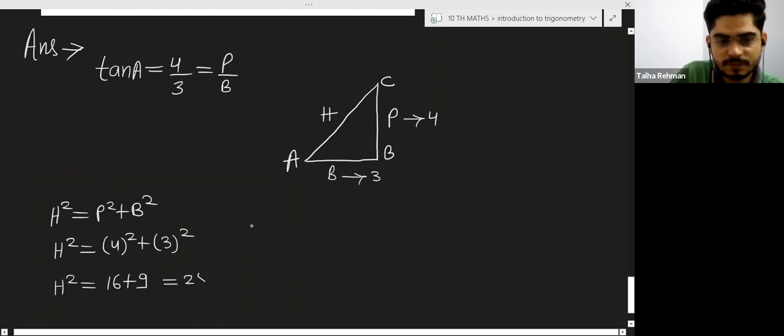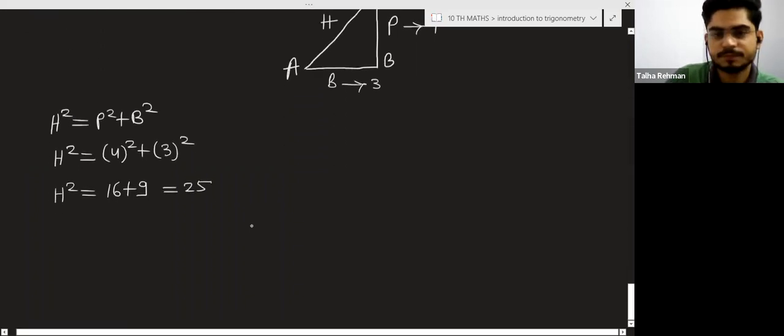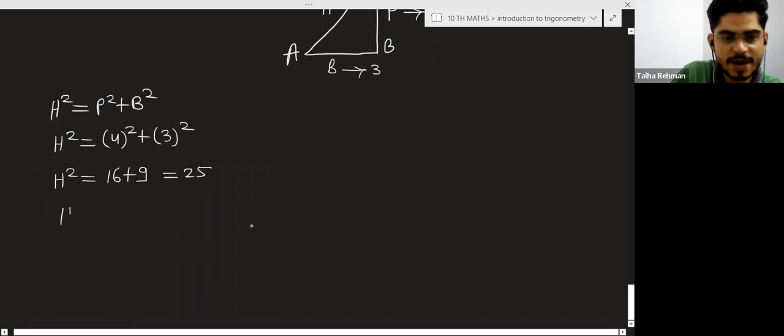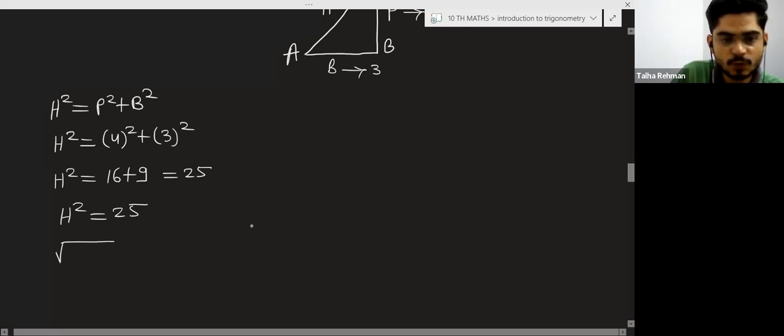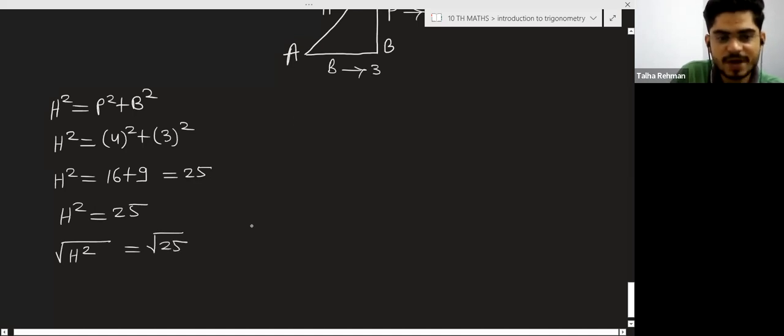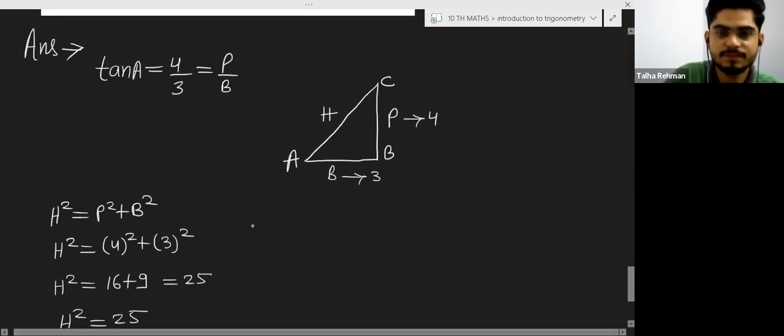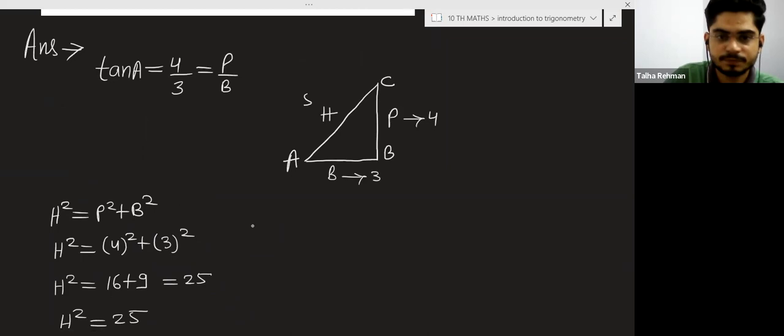So this will become 25. So hypotenuse square is equal to 25. Take the under root on both the sides. Under root of h square is h. Under root of 25 is 5. Means hypotenuse we have as 5.